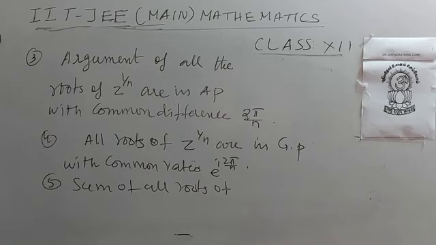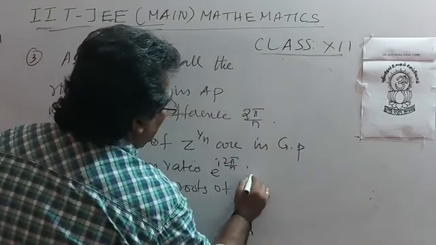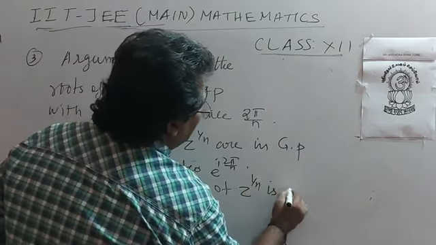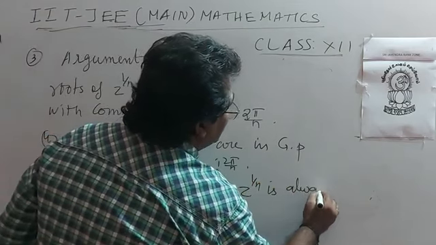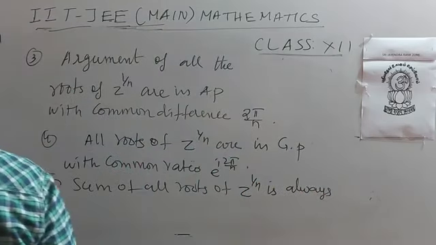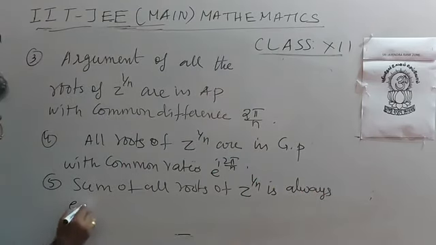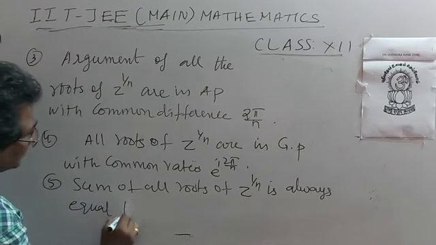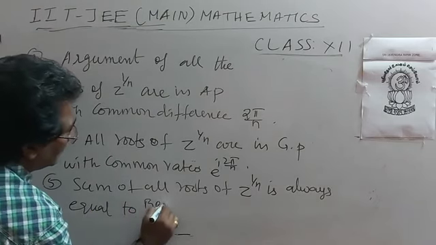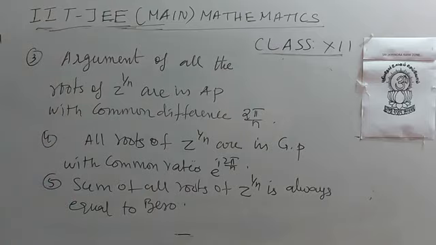Sum of all roots of z power 1 by n is always equal to 0.